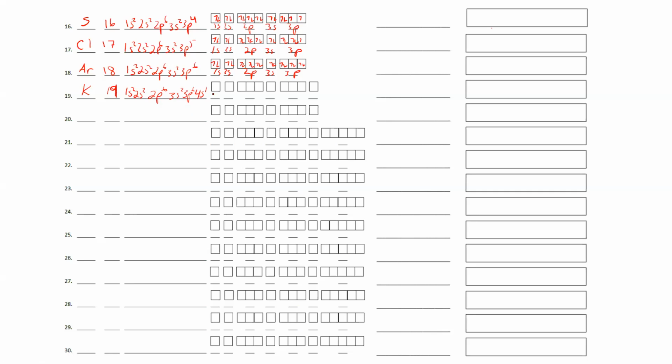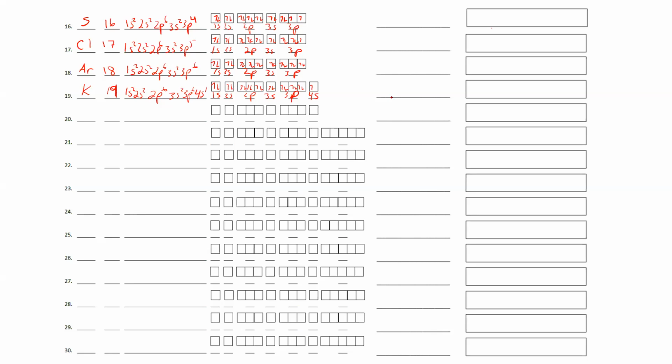And so our orbitals are the 1s, 2s, 2p, 3s, 3p, 3d, and 4s, and we fill them. Okay, and so there will be 1 electron in the 4s orbital.